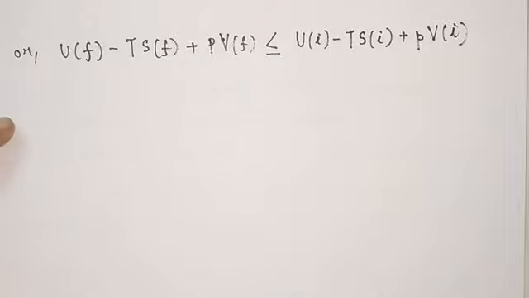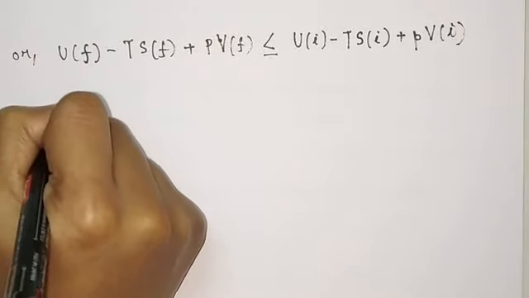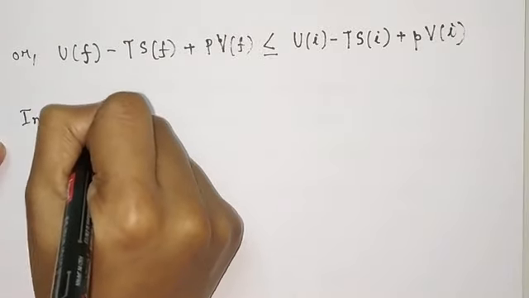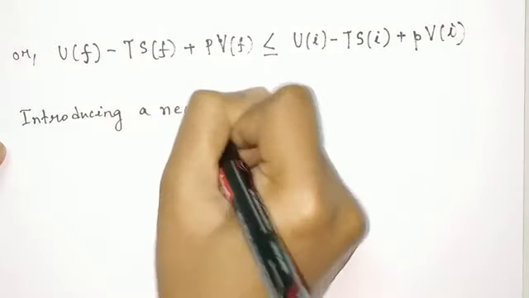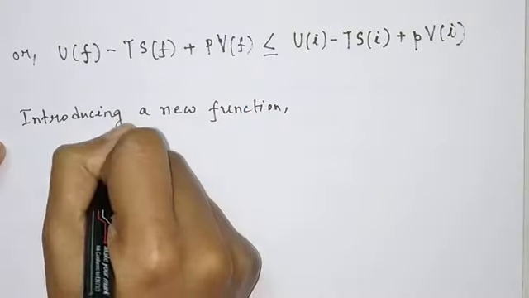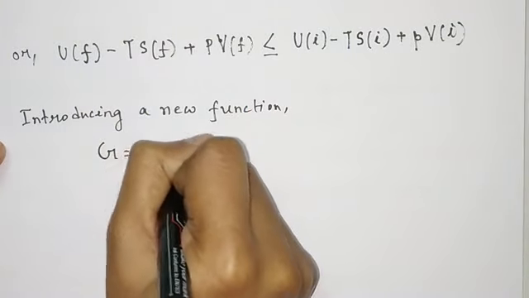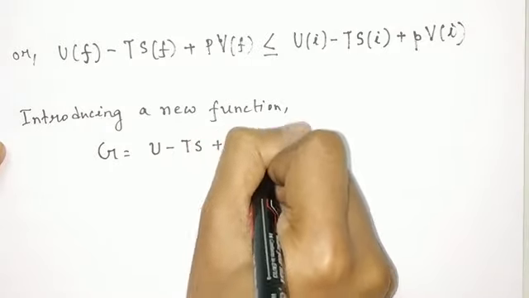So now we can introduce a new function, G equals U minus TS plus PV.